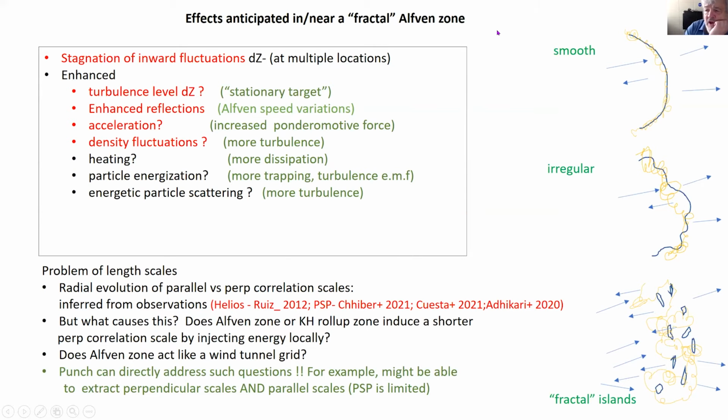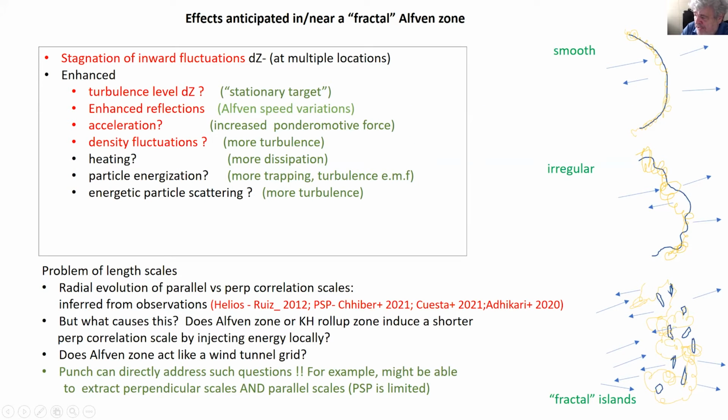So just to summarize, near these different sorts of Alfvén critical regions, you can have stagnations of the inward fluctuations. If it's a complex transition, like these fractal islands that Rohit was suggesting, then this is happening at multiple locations. Now that's really an interesting idea, because that would mean that you have an enhanced turbulence level because of this stationary target business.